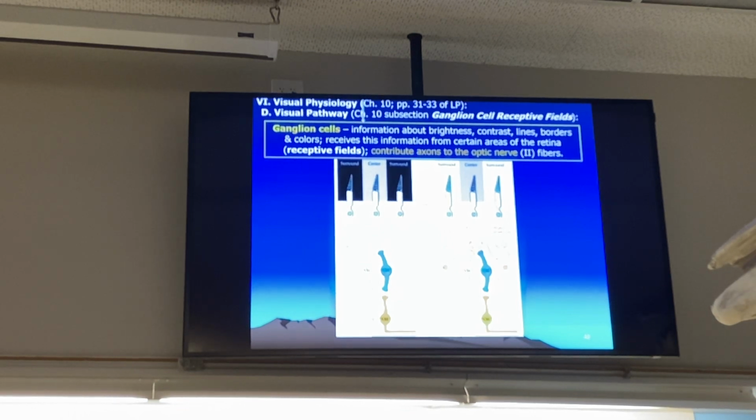That's why they all have to gather at the optic disc to exit the eyeball as the optic nerve. Again, just learn one, the other's the opposite. Any questions? Okay.